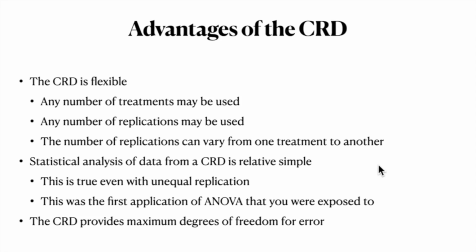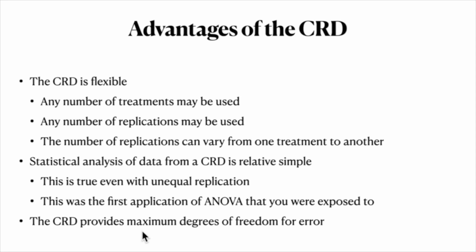But for the completely randomized design, it's really not too bad. Another indication that it's relatively simple is that this was the first application of ANOVA that you were exposed to. So they didn't throw the hardest one at you. They threw pretty much the simplest design at you from the standpoint of analysis.